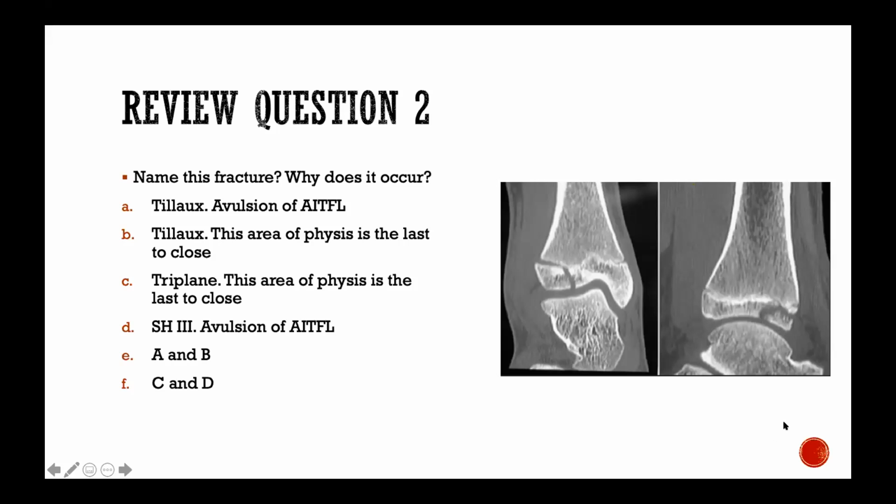And this is a sagittal view of the ankle, with this being the anterior and this being the posterior. So you can see this fracture coming through here, and it's at the anterolateral aspect of the distal tibia.